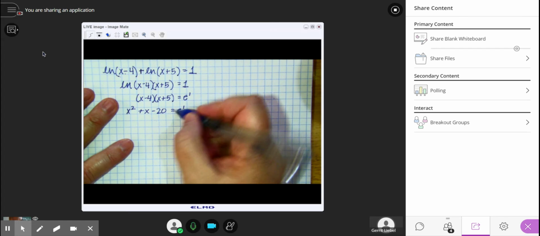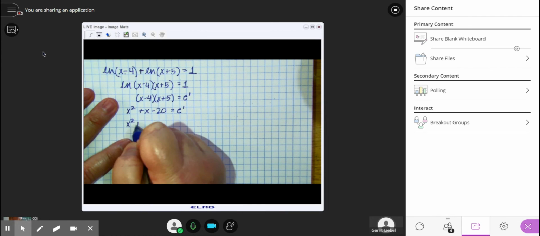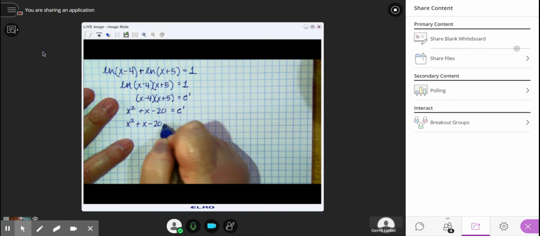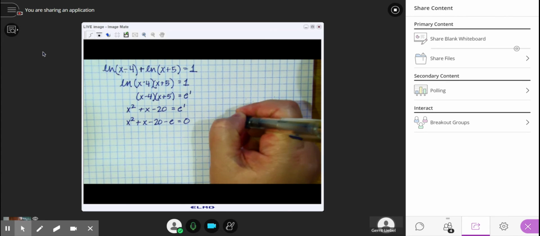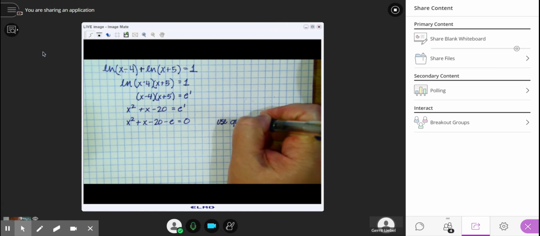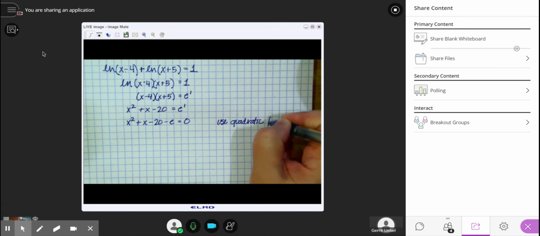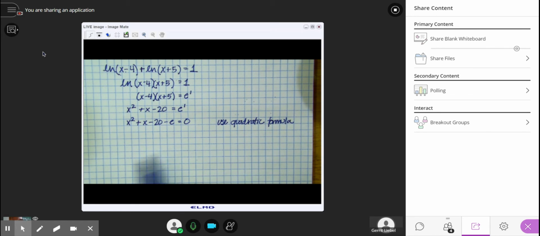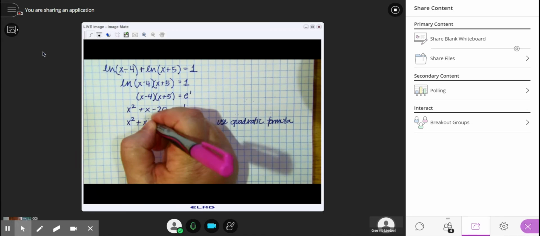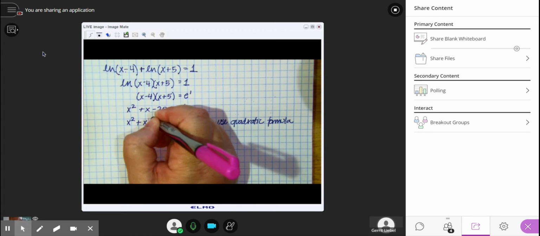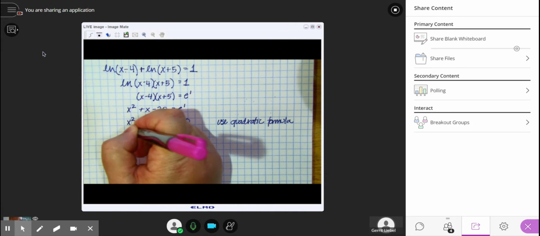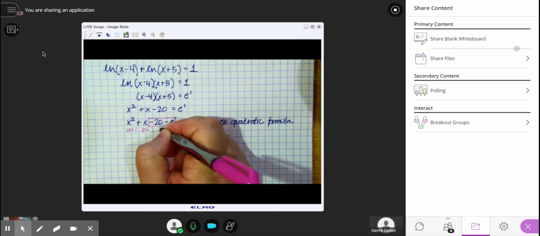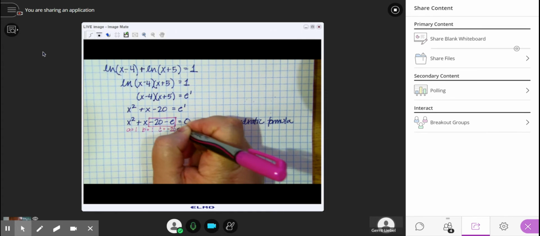So now I've got to put this in standard form. And now I have to use the quadratic formula. So your A is 1, the B is also 1, your C is negative 20 minus e.